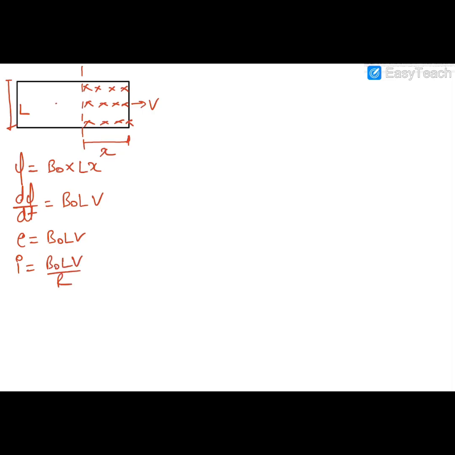And due to this current, there will be a force acting on this section of the loop in the backward direction, which will be retarding the loop, and this force will be I L B, where L is this length.